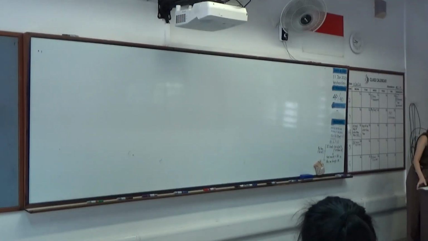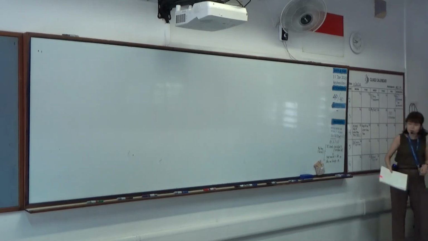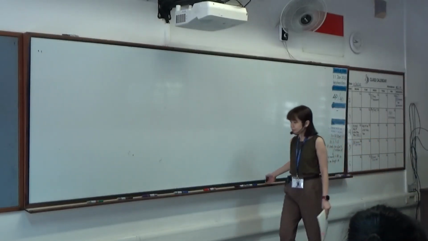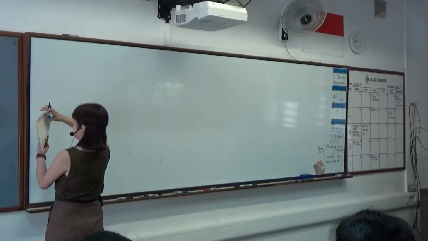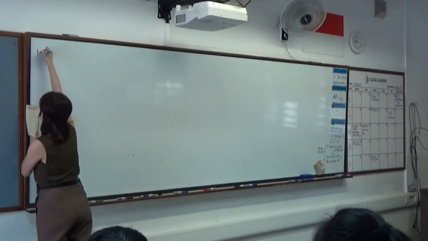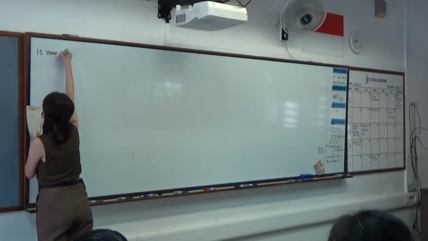Okay, today we will continue with chapter 1.2. We're going to be looking at Venn diagrams.